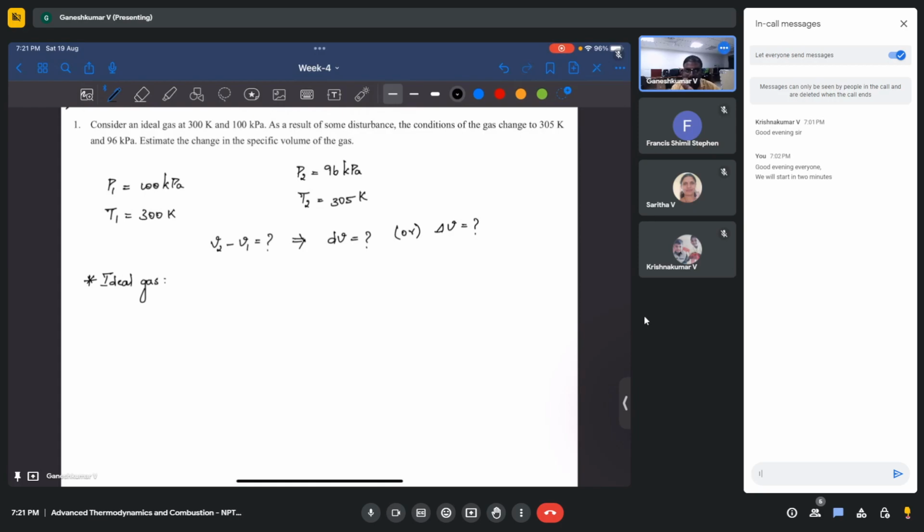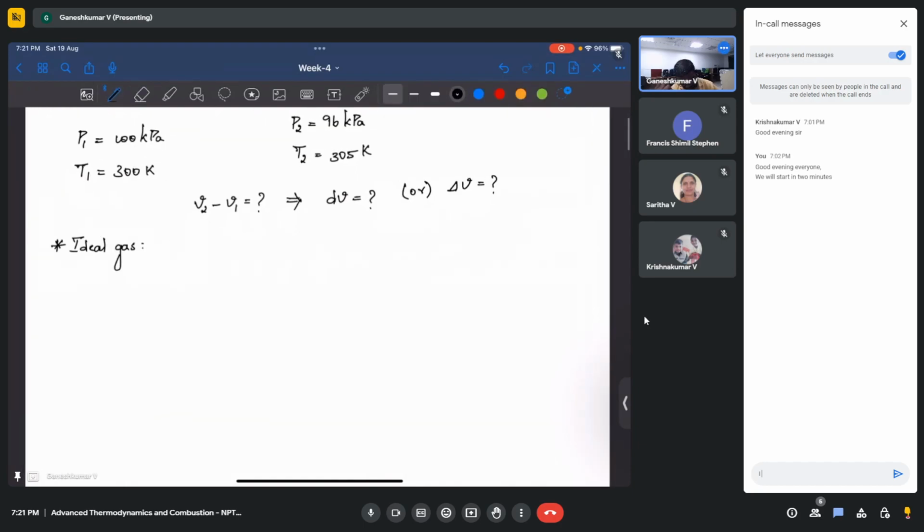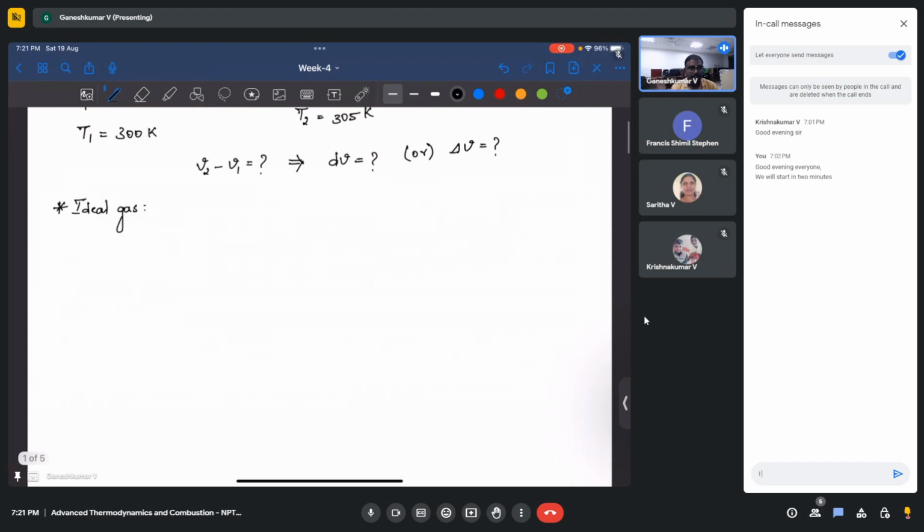So we already learned about differentials, right? So we know we need to find specific volume. We also know that for a simple compressible substance, we can write all the properties as a function of two independent variables, right?